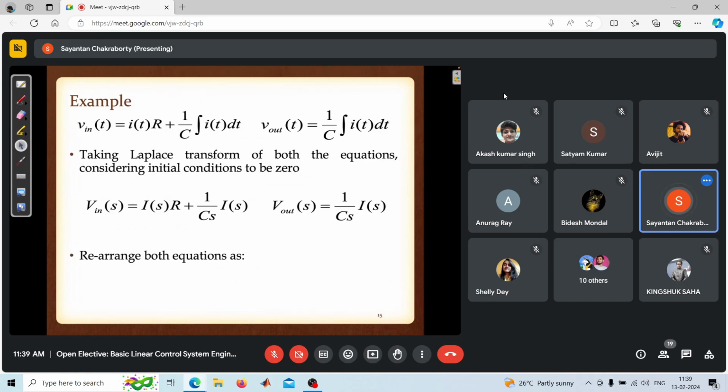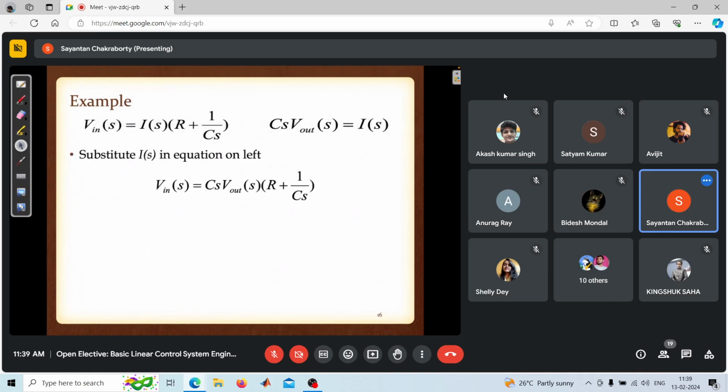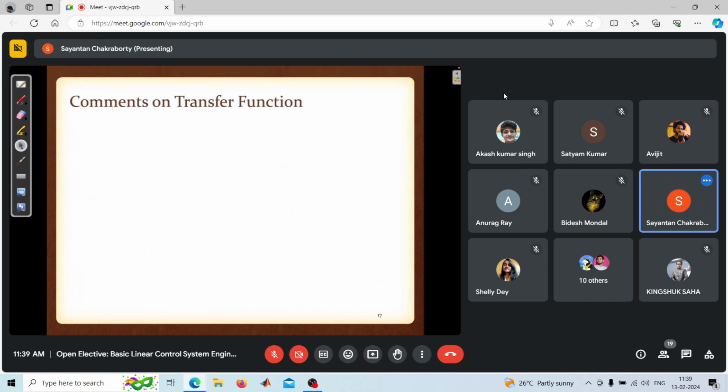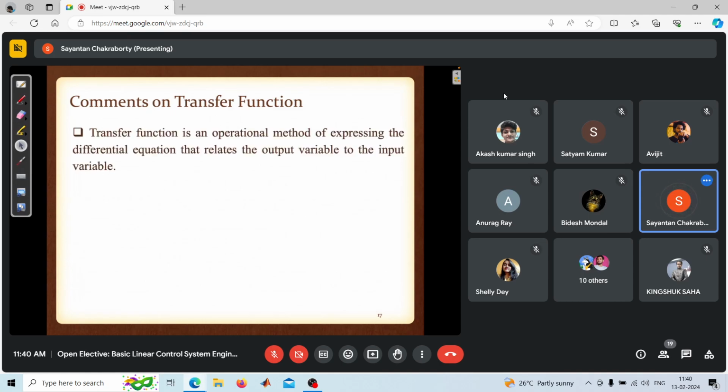So moving ahead, let us go through some key aspects of the transfer function. First, it is an operational method that expresses the differential equation which relates the output variable to the input variable. How does it express it?